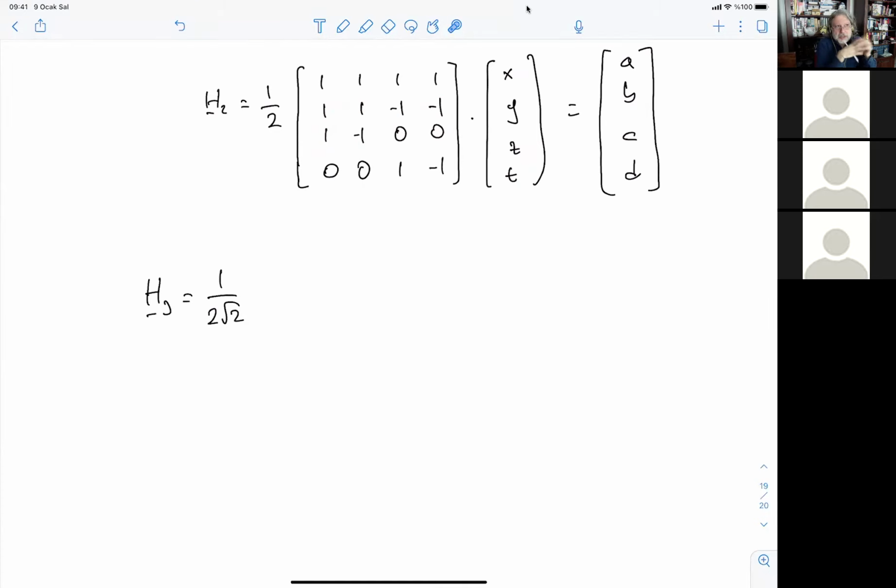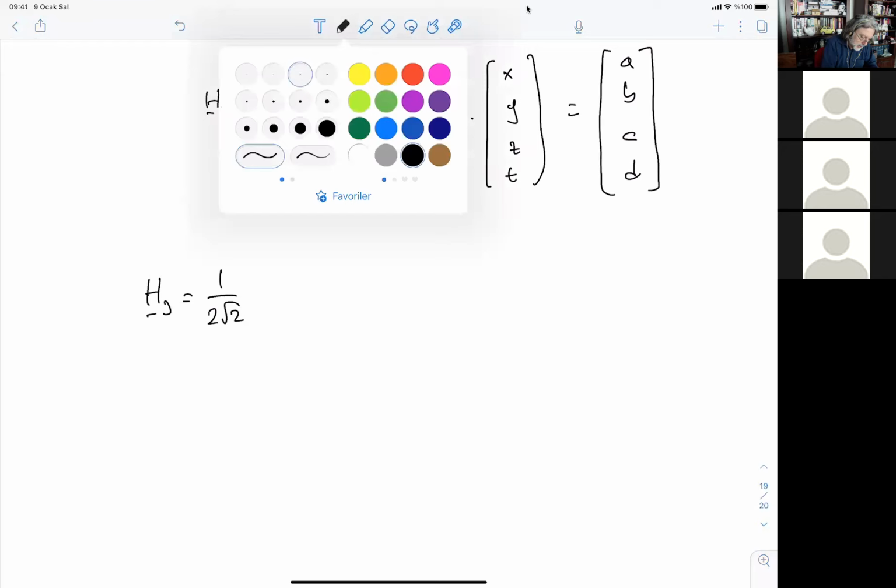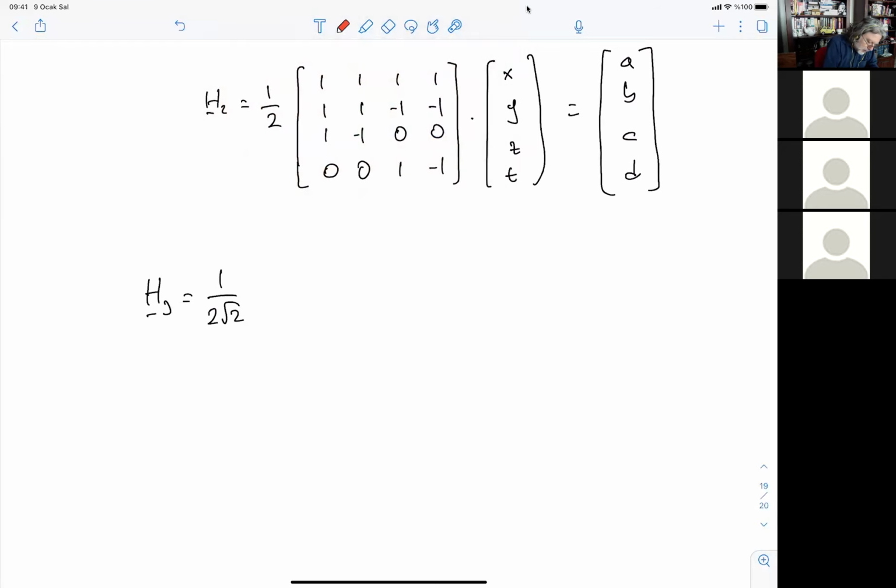So the norm is not 1. The norm is 1/square root of 2. How can we normalize it? The way to normalize it is to change these to square root of 2. Then the norm will become 1. So it's not 1 and -1, it is square root of 2 and minus square root of 2. Same is here. Okay, we have to make this kind of a correction.